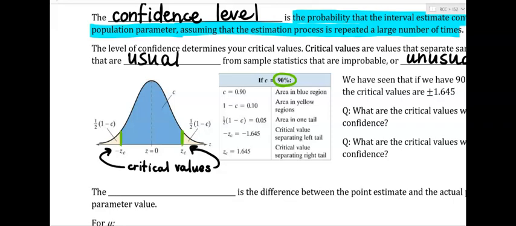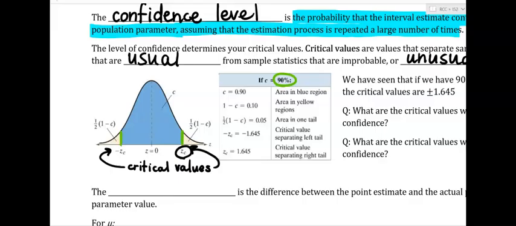They are the same number but with opposite signs, because you move the same distance to the right and the same distance to the left when forming our margins of error. Even though we do have two critical values, in all the formulas that we use, we will always use the positive version of the critical value. We will not be using the negative version.